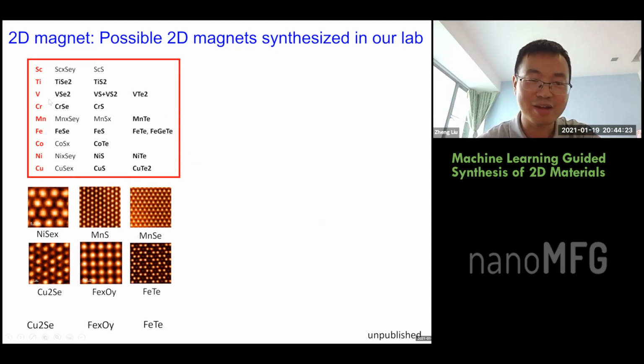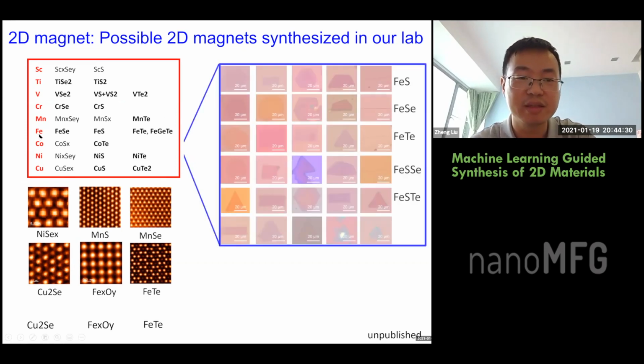How many of them? Just take iron as an example. For iron-based 2D magnets, here are the different materials, different phases of them: iron sulfide, iron selenide, telluride, and also the alloys.